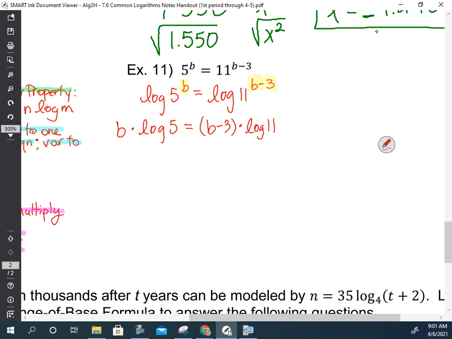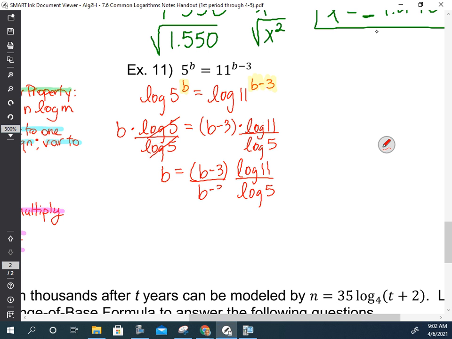Now we want logs on one side and the variables on the other. So the log of 5, I'm going to move over to the right. Log of 11 over log of 5. And then b minus 3 divided on both sides.